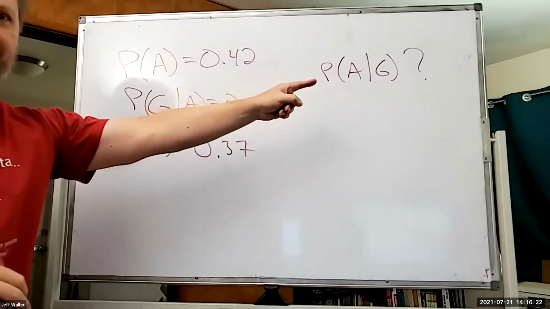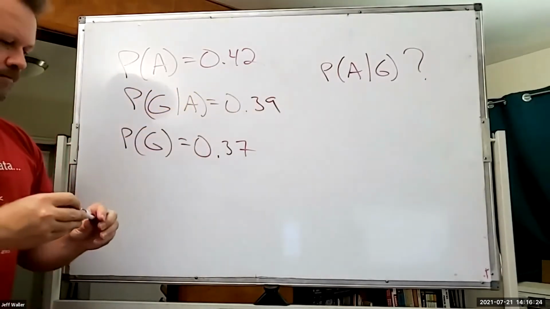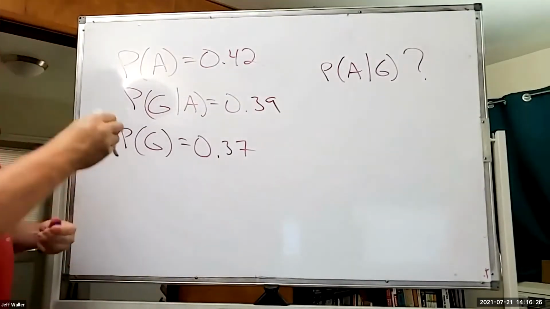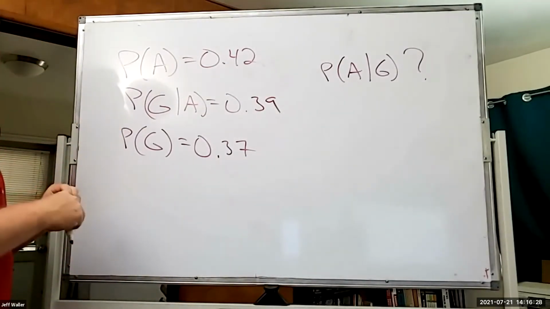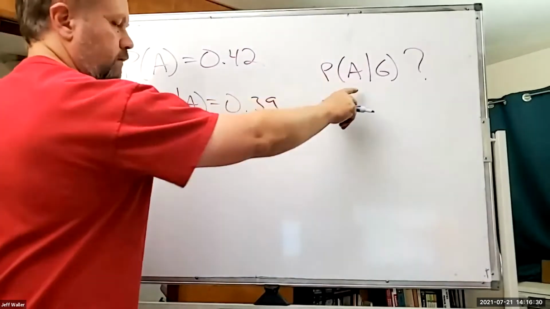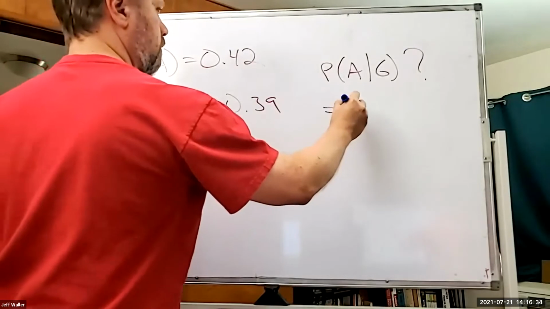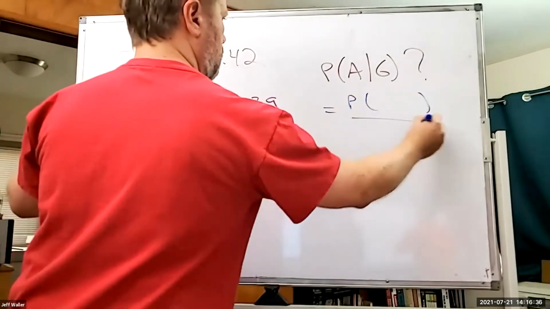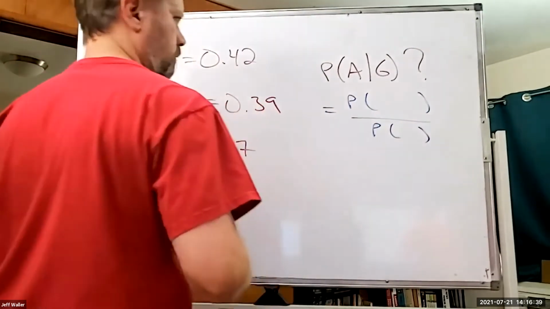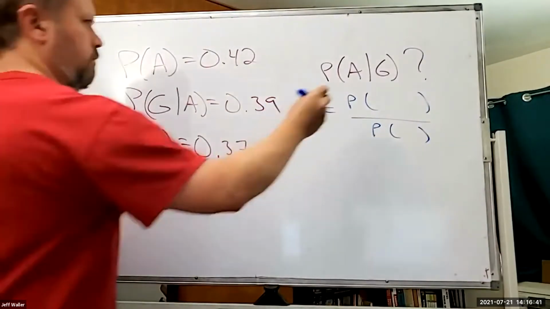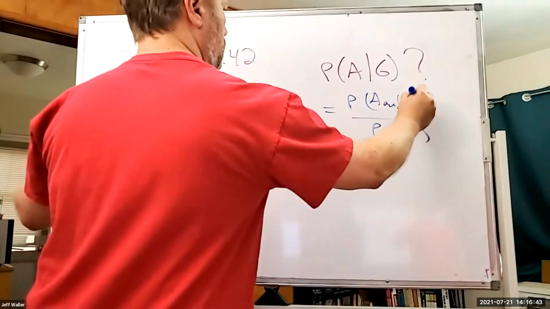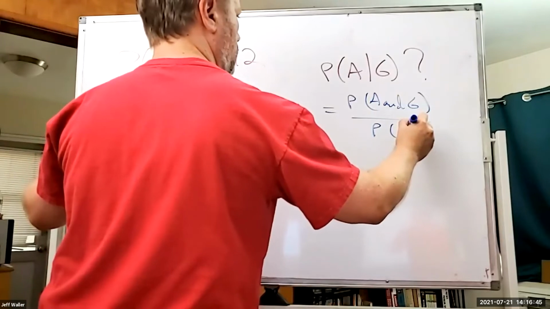What's the formula for this? Is it the probability of A and G divided by the probability of G?